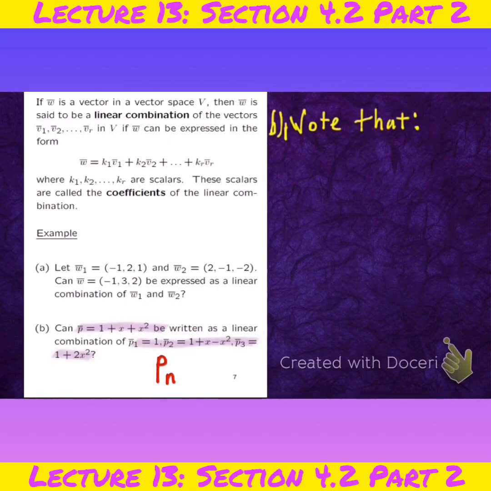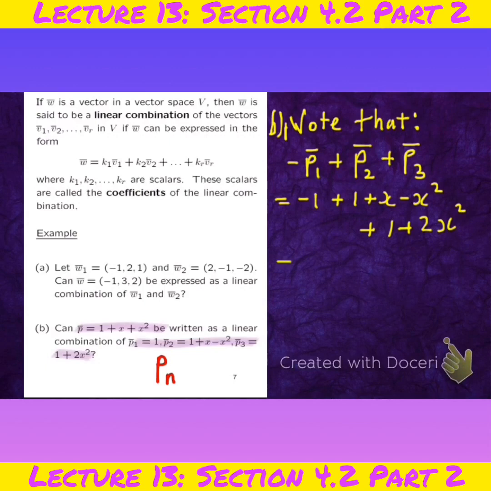If you look at minus P1 and you add that to P2, and then you add that to P3, you get basically -1 plus the second polynomial, which is 1 plus x minus x squared, plus the third polynomial, and then you can clearly see that that is going to add up to 1 plus x plus x squared.